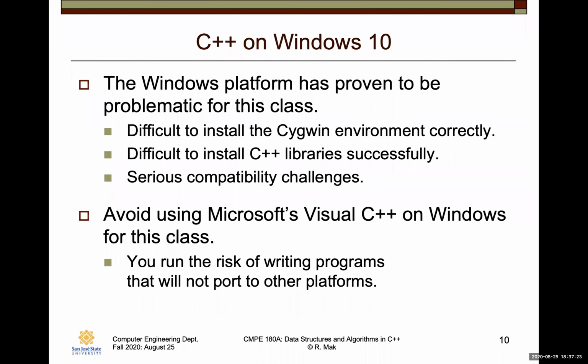But now there's no excuse not to use the actual Ubuntu that you can install alongside Windows. So use the Windows subsystem for Linux and do that installation. Okay? And then I already warned you about using Microsoft's C++ compiler because it's not industry standard.